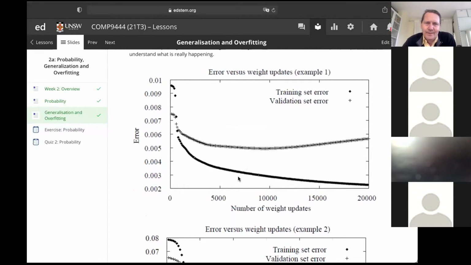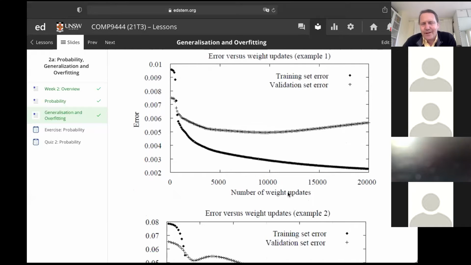Whatever the meta parameter is, whether it's the number of training epochs or the number of hidden nodes or something else, we often see this pattern where the training error continues to go down, but the validation error goes down and then up again.